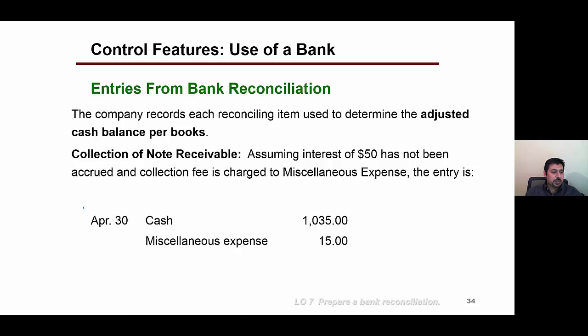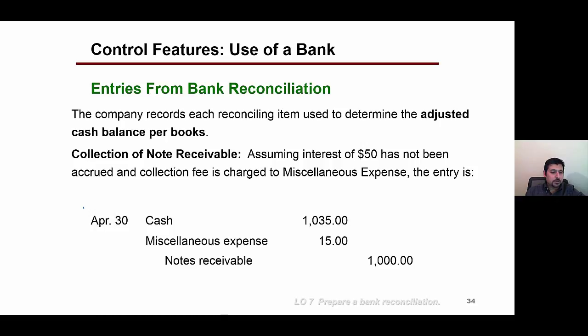Here, for example, the journal entry for the collection of note receivable will be, assuming that the interest has not been accrued and the collection fee is debited to miscellaneous expense, the company will make an adjusting entry where we debit cash 1,035, we debit miscellaneous expense $15, and we credit note receivable $1,000.